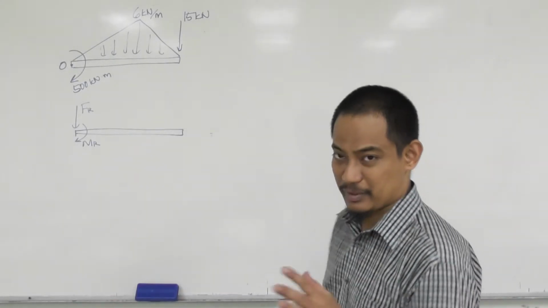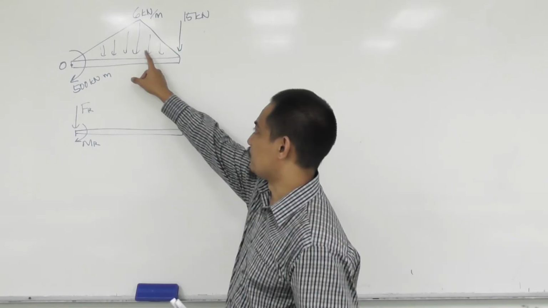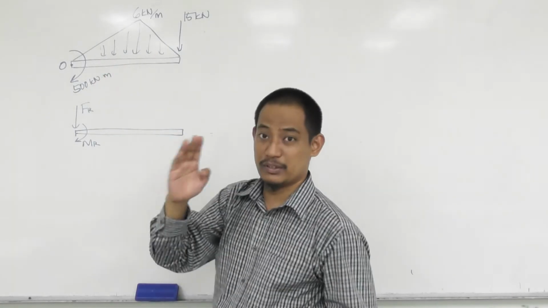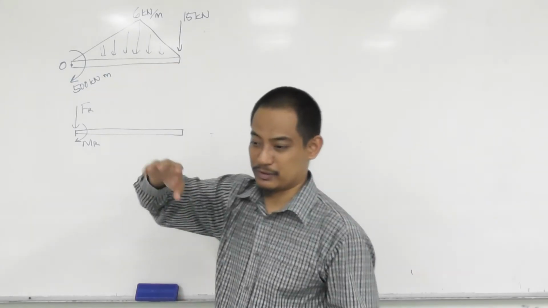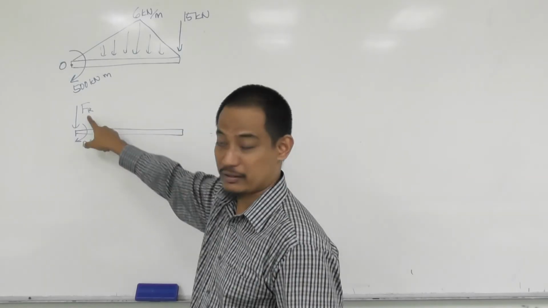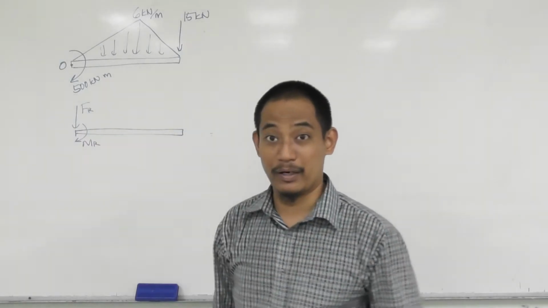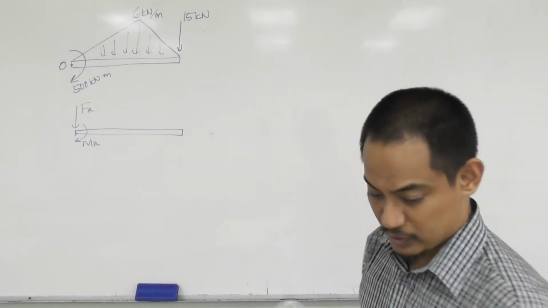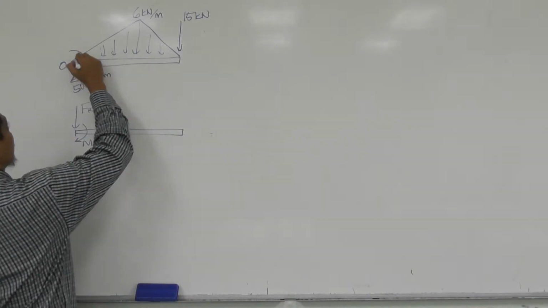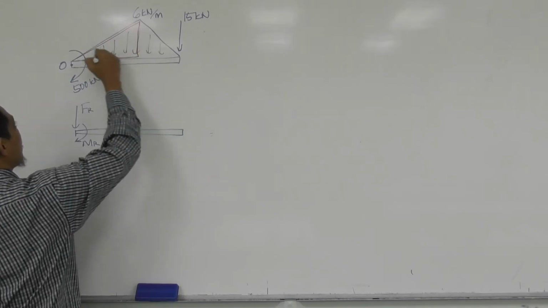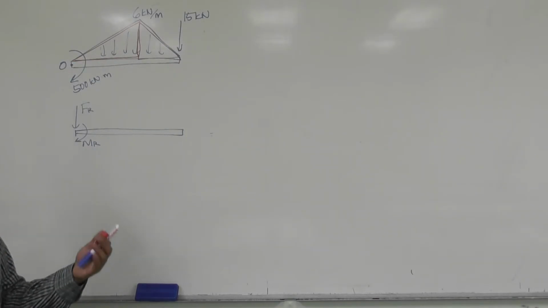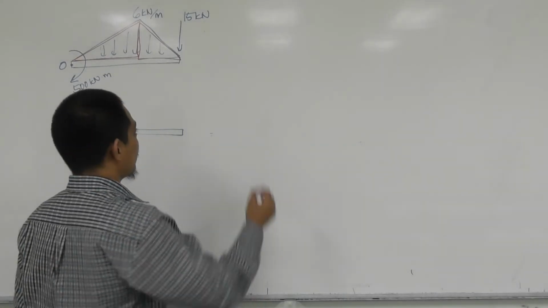Hopefully you can imagine, the first step is solving this distributed loading, and when you have all the forces individually, you do the next step, which is getting the summation of FR and then the summation of MR. This one we can divide into two triangles. This one is one triangle and this one is another triangle, if I take it separately, just for illustration.